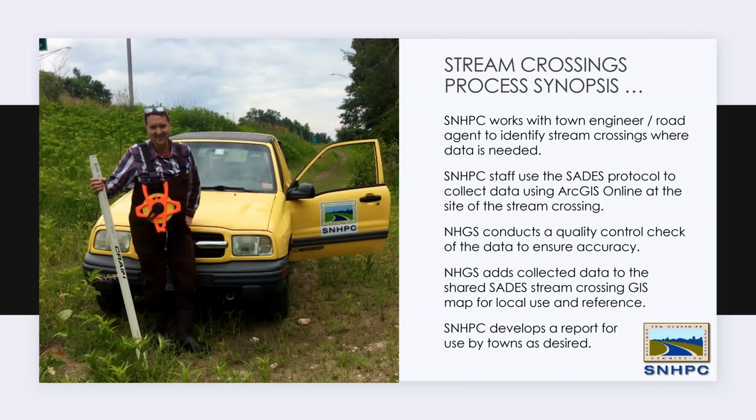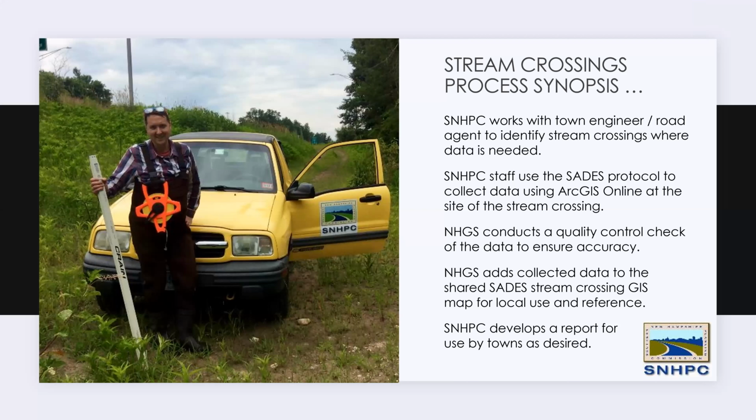And then that data is uploaded into the SAIDS database. As an extra insurance for quality, New Hampshire Geological Survey conducts a quality control and assurance check on all data that's collected in the field.